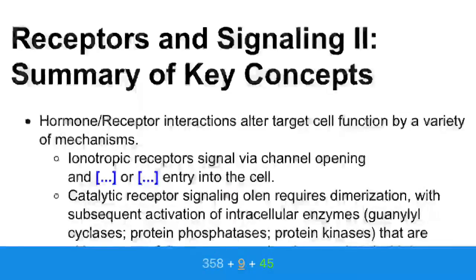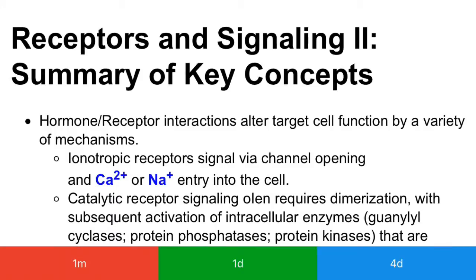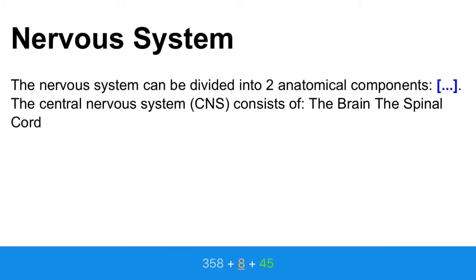Alright, hormone/receptor interactions alter target cell function by a variety of mechanisms. Alright, ionotropics. Calcium or sodium into the cell. Natriuretic. Atrial natriuretic peptide, ANP.